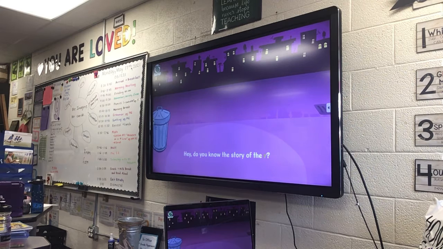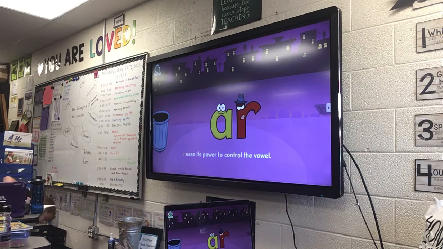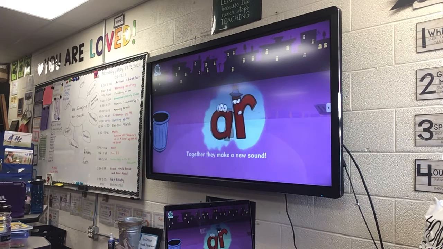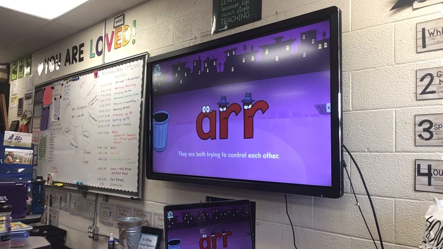Hey, do you know the story of the R? Listen, the R is a powerful letter. Let me tell you why. This vowel makes a short sound. But when R turns up, it all changes. R uses its power to control the vowel. Together, they make a new sound. R. Car. I see car. What's this? Two R's together?